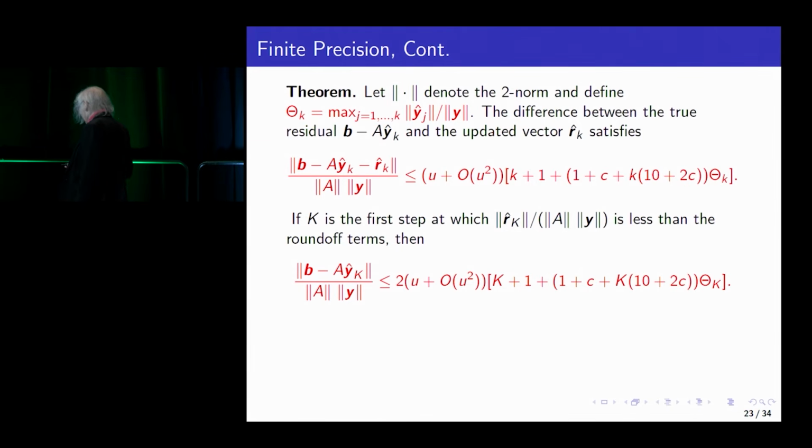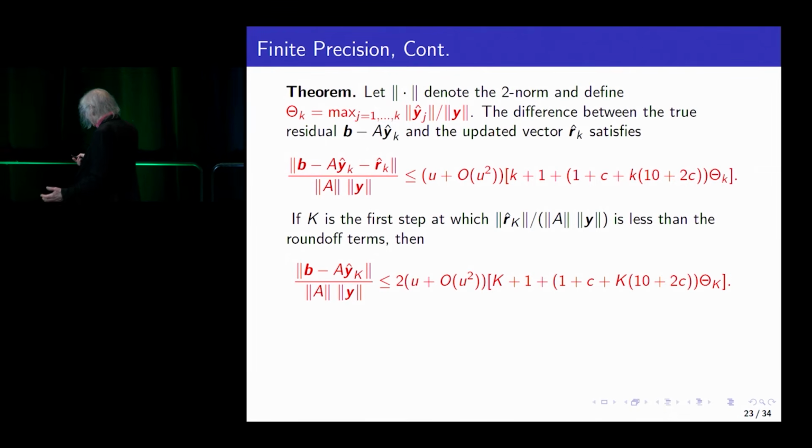If capital K is the first step at which this updated vector becomes less than the round-off terms, then we can just drop that factor and say that the relative residual is bounded by this expression.